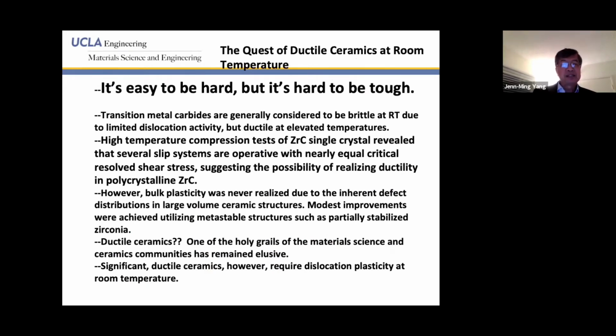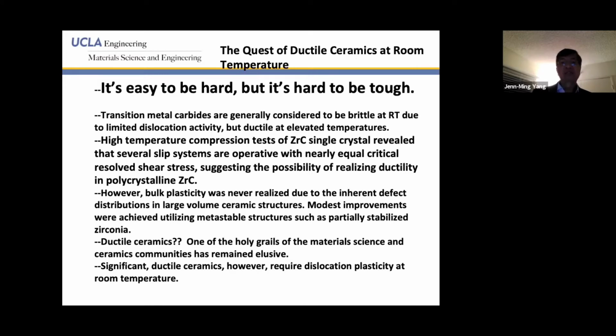As I mentioned, these transition metal carbides are generally considered to be brittle at room temperature. But previous investigation using high temperature compression tests of zirconium carbide single crystal revealed that several slip systems are operative with nearly identical critical resolved shear stress.